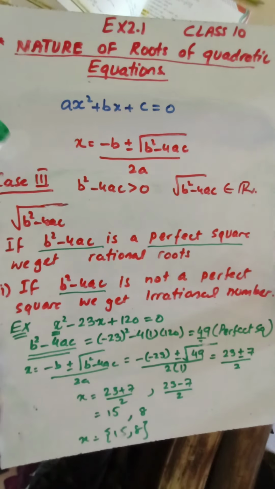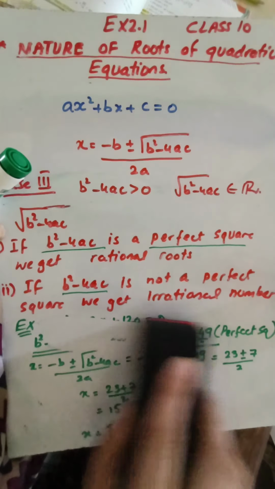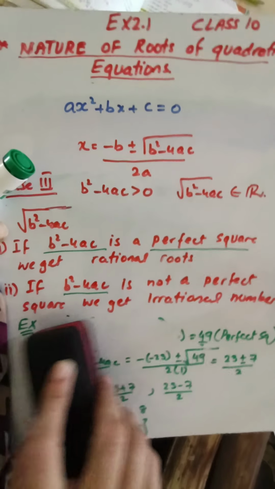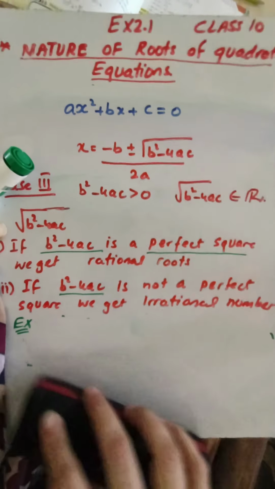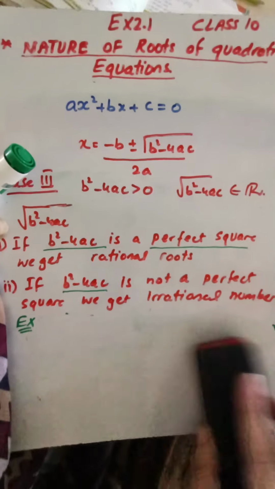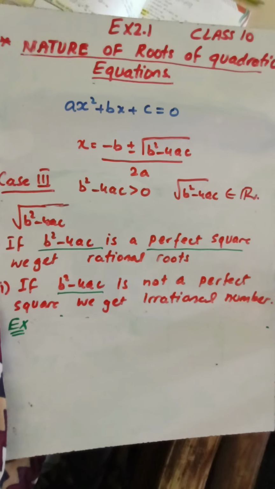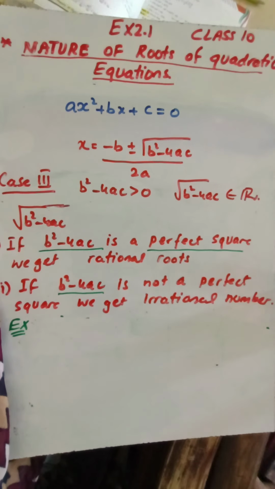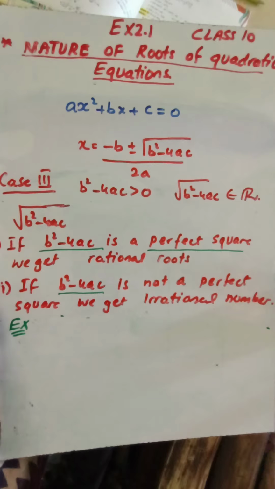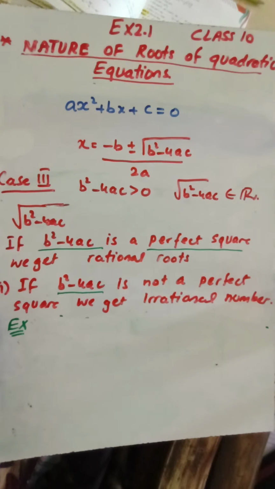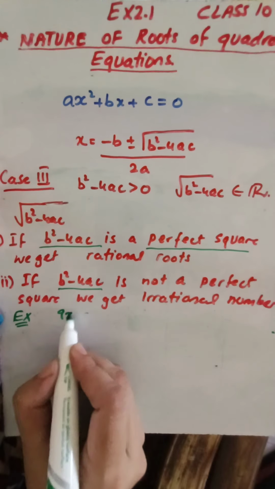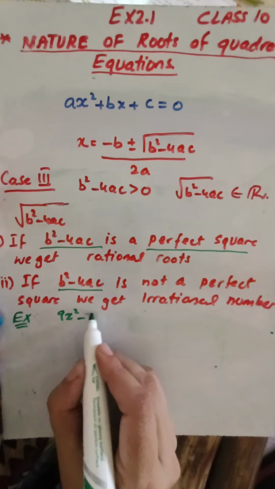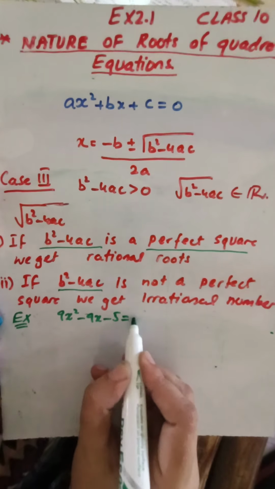We don't get irrationality. Now let us take an example where b square minus 4ac is not a perfect square, and as a result we get irrationality, which gives us irrational roots. For that, I will take the example 9x square minus 9x minus 5 is equal to 0.